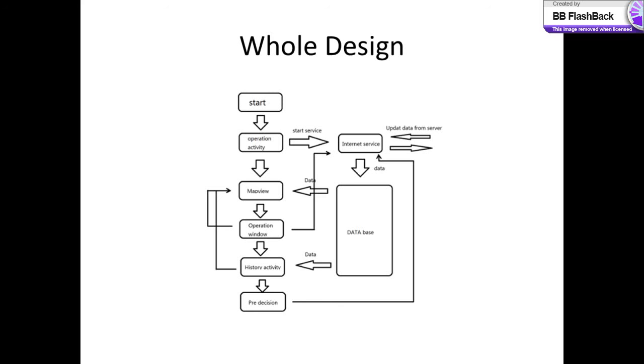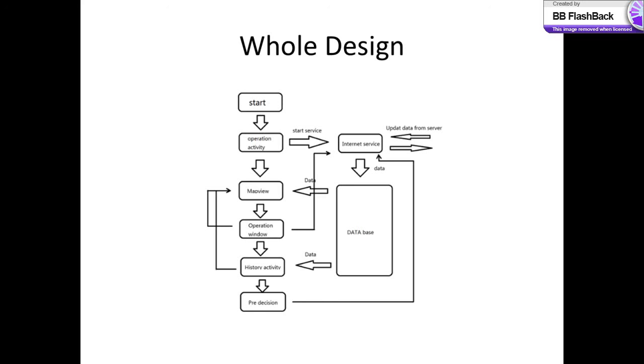In the map view, when the user clicks one spot on the map, it will start an operation window. The user can send commands through the operation window, such as sending a responder to one victim. After that, the window will close and go back to the operation activity.